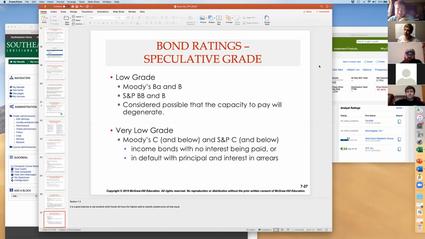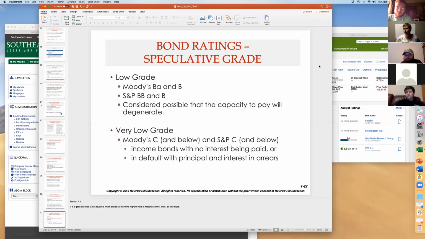And then the very low grade, the C's, these are sometimes what we call income bonds. No bond ever starts out at C grade. It deteriorates to a C and never starts out that way. Most bonds start out at AAA, AA, maybe triple B, but they degrade down into the junk section.